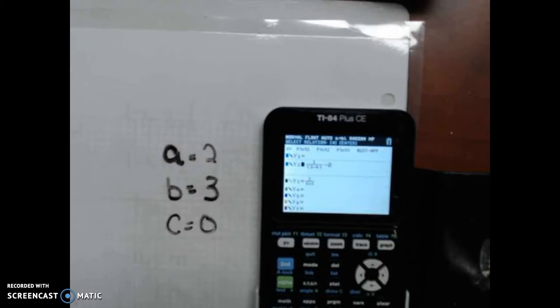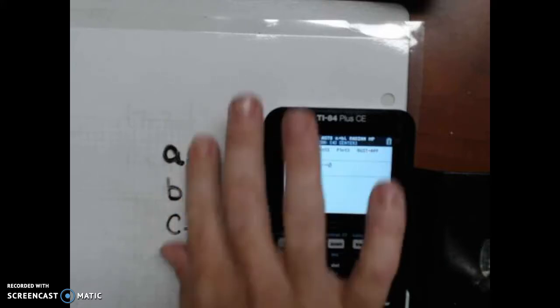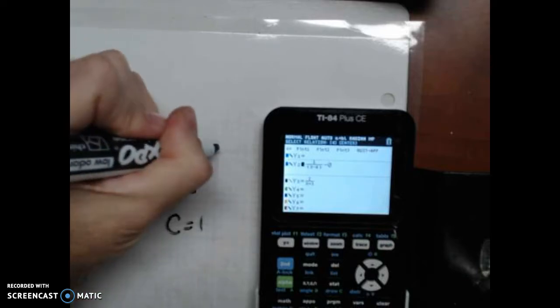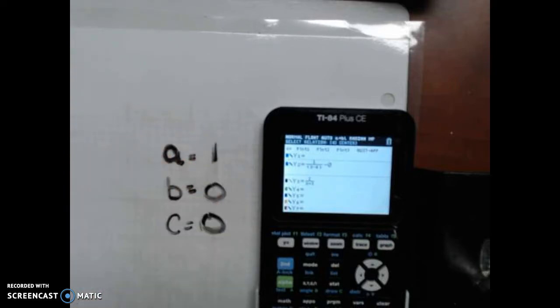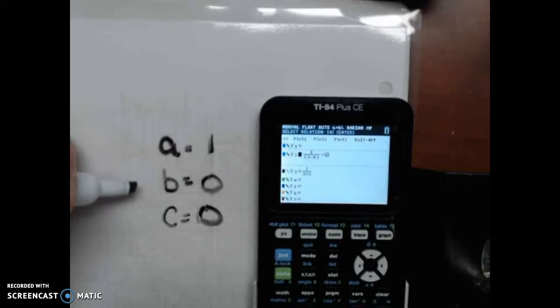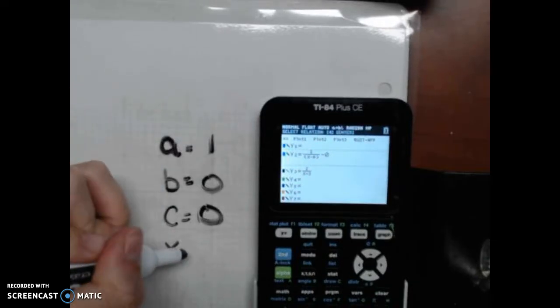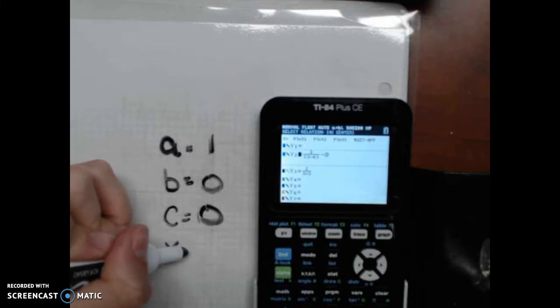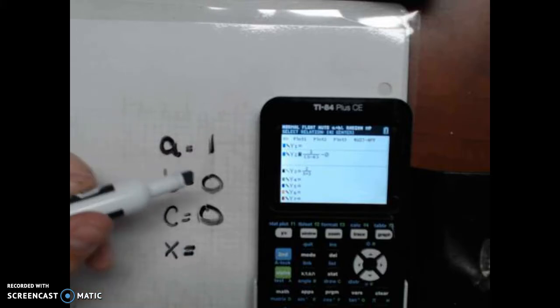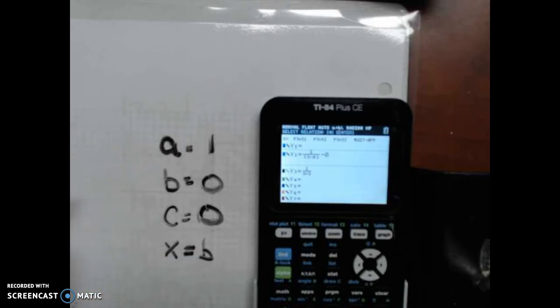Now the other function that I had put in here, and let's turn that one off, is this right here, and it kind of looks silly, but I just put some numbers in there as placeholders. I got 1 for A, I have 0 for B, and 0 for C. If we follow that asymptote rule, when x is B, we have our vertical asymptote, and when y equals C, we have our horizontal asymptote.